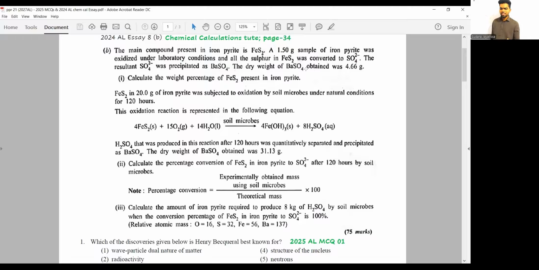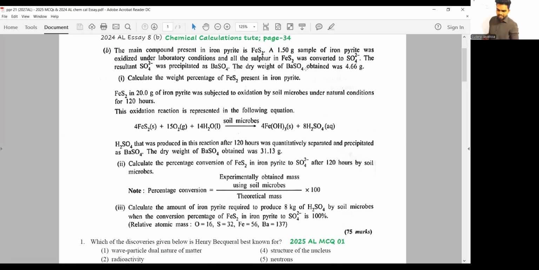You don't need to think about the oxidation number of sulfur in FeS2. You can simply understand that in FeS2 you have two sulfur atoms, and those sulfur atoms are converted to sulfate. That means it is giving you two sulfate from one FeS2. Is that clear? That's what you need to understand.